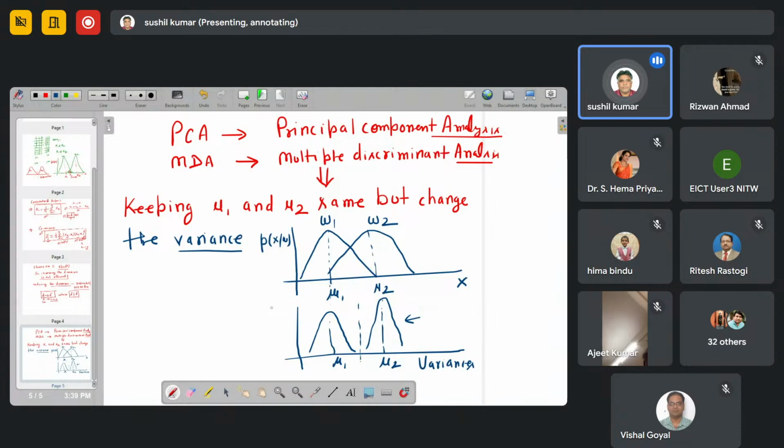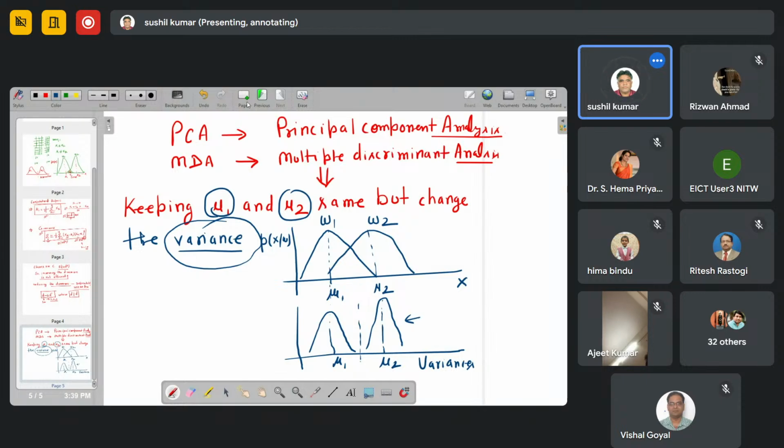So this is MDA, multiple discriminant analysis. Here we are not touching mu, we keep it the same, but we make changes in the variances somehow. That detail is there, but we are not going into those details.